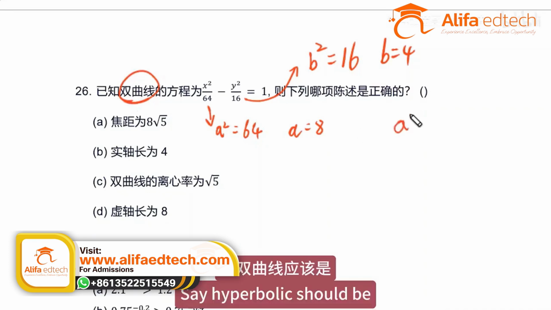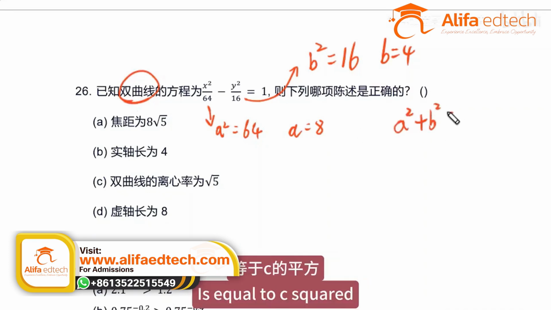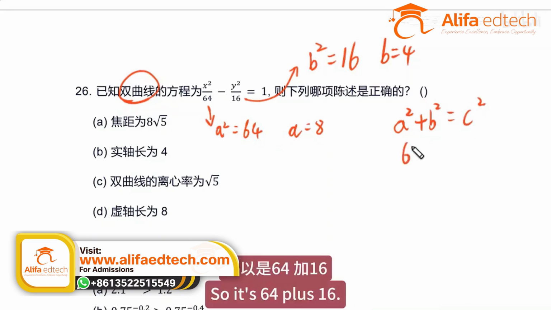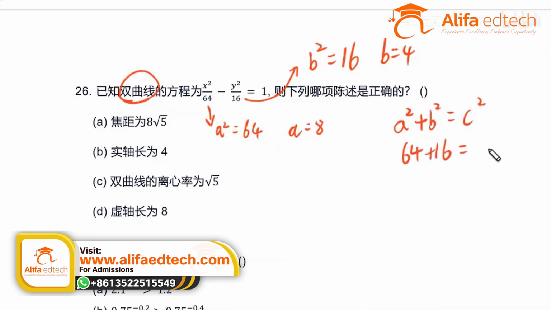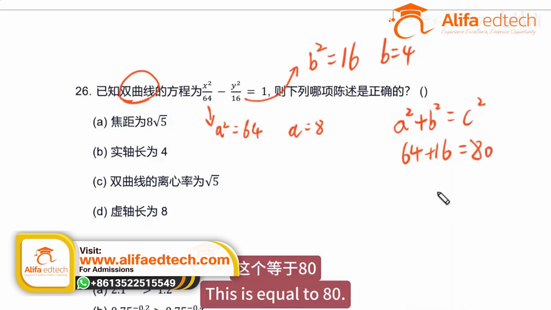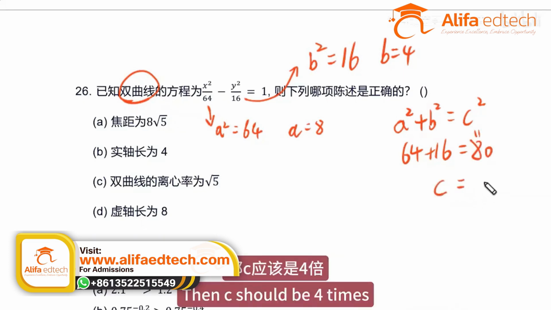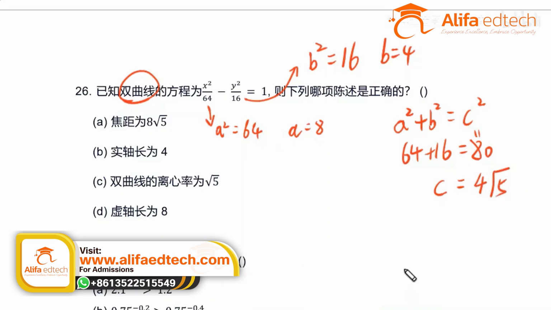For a hyperbola, it should be A squared plus B squared equals C squared. So that's 64 plus 16. That equals 80. So C squared is 80. Then C should be 4 times the square root of 5.